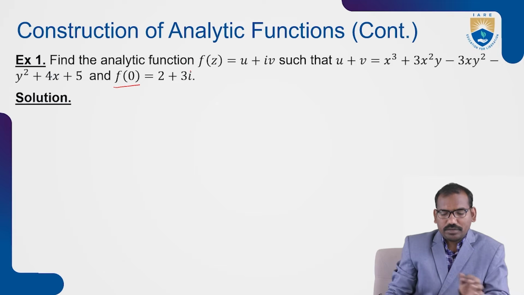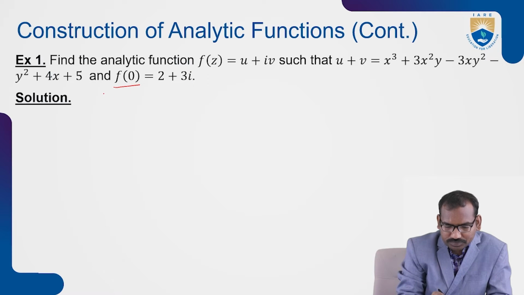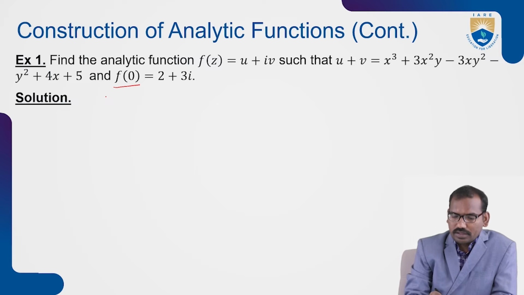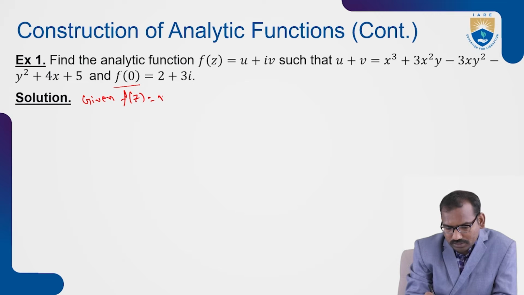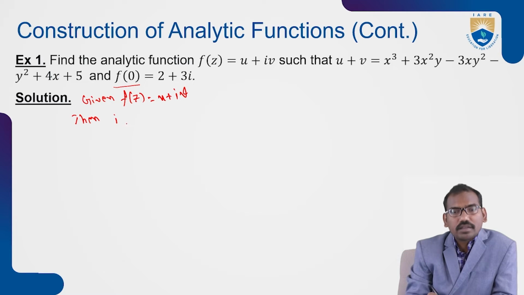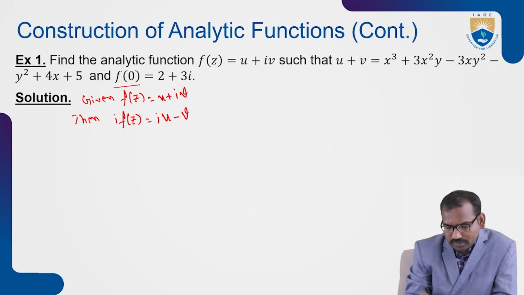Okay. Now, how to write the solution? Given f of Z, which is u plus iv, right? Then I can write I times f of Z is I times u minus v.